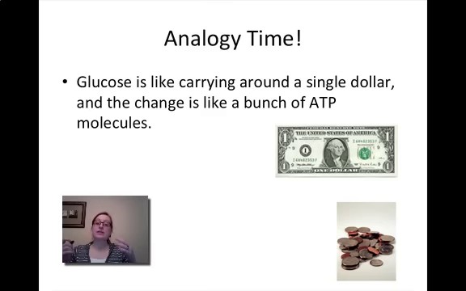Okay, whereas ATP molecules would be like changing out the dollar for a bunch of coins. Is it easy to spend a nickel or a quarter at a time? Yes. In order to spend that nickel or the quarter, are you getting rid of the entire dollar's worth of spending money? No, you're just doing it piece by piece. And so that allows that dollar to last a little bit longer. Okay?